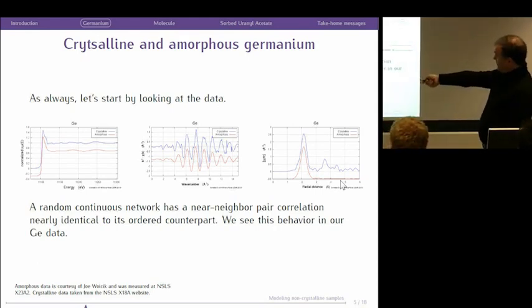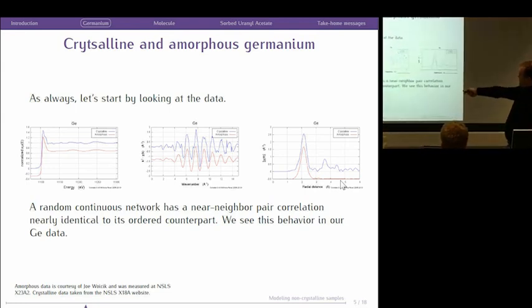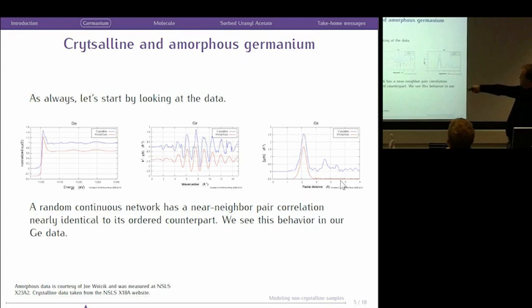So here's the Zanes data, and they bear a certain similarity. They both have a peak. The crystalline one has a bit of a shoulder there, but they both have this structure here, and they both have this structure here. Basically, they look alike, except the crystalline one has more wiggles. If you look at chi of k, they look alike, but the crystalline one has more wiggles.